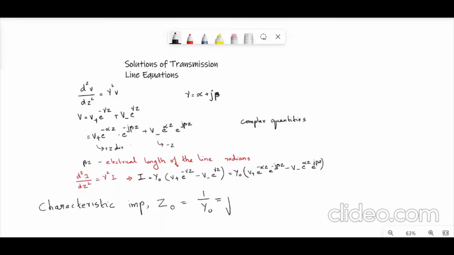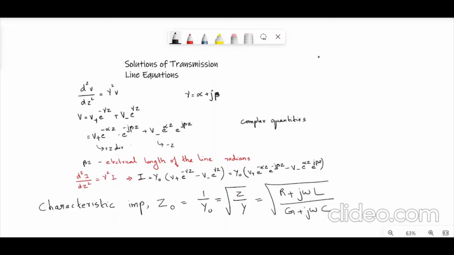This is given by the equation root of Z by Y, where Z is given as R plus jωL by G plus jωC. If you consider the characteristic impedance, we will be considering in the transmission line all the series components, which is R and L, and here we will be considering the parallel components, which is G and C.